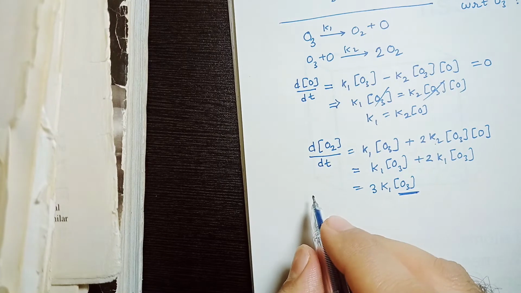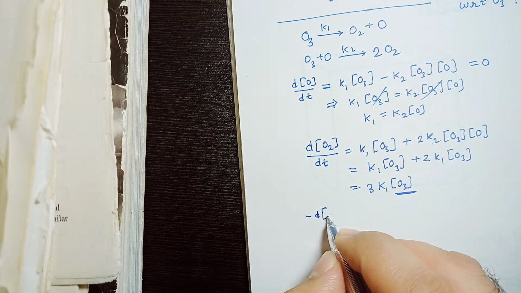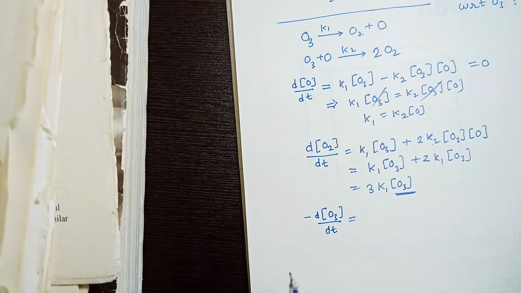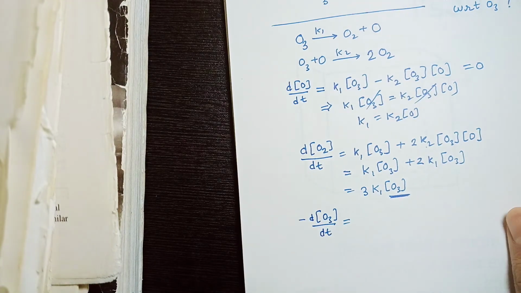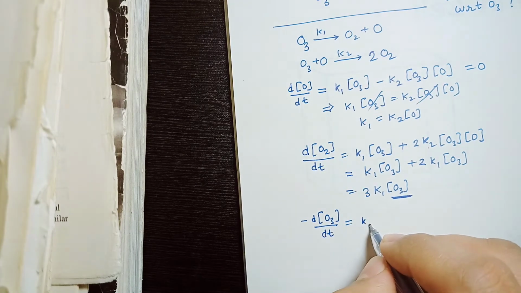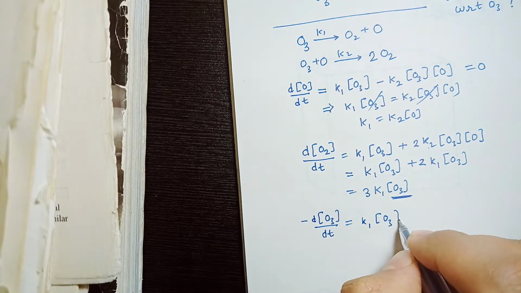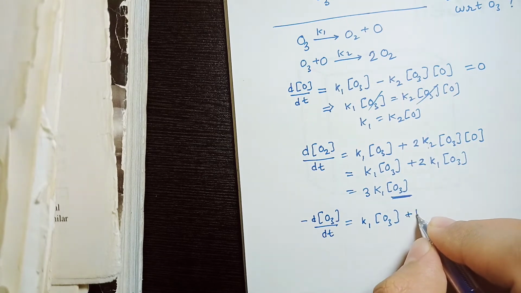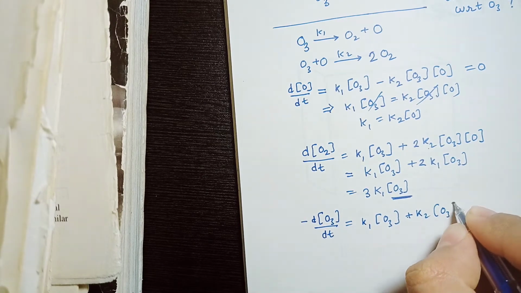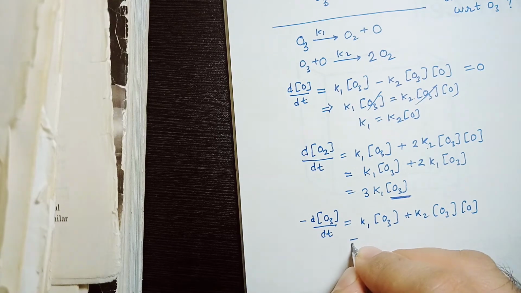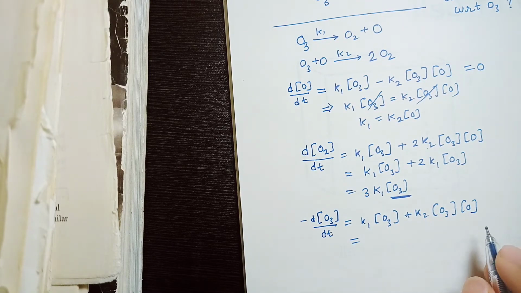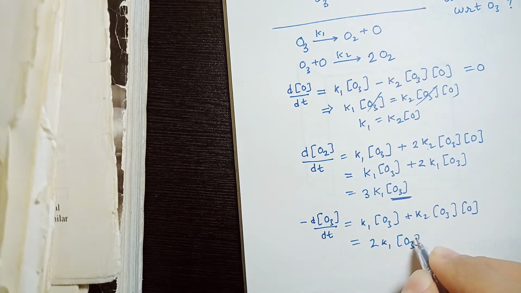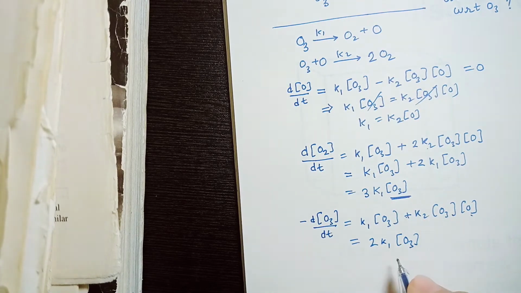You can also solve it by this rate of reaction of O3. So that is also K1 O3, and you will get plus K2 O3 O. So again you will get 2 K1 O3, because K2 O is K1 O3.